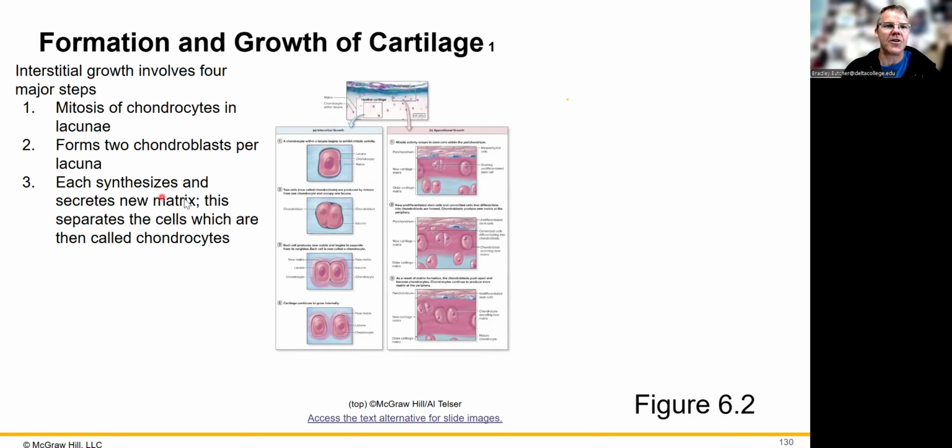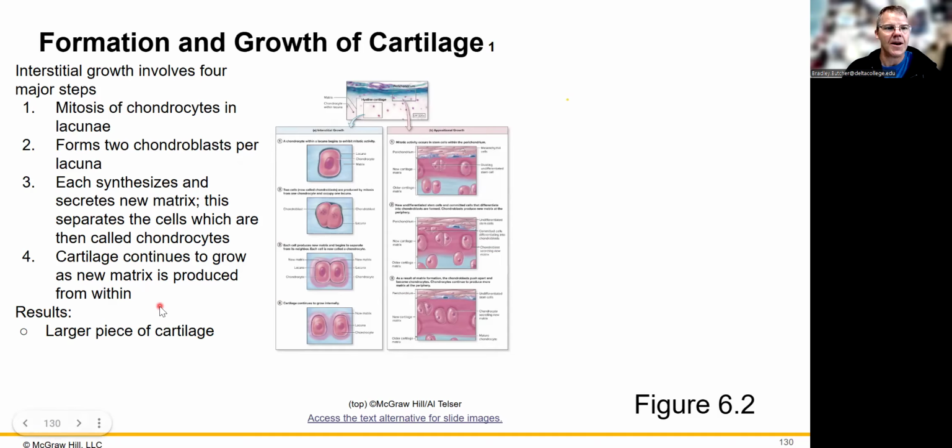Then each of those chondroblasts synthesizes and secretes new matrix, whether it be collagen or elastin, and this separates the cells. Once they're separated, they're each in their own lacuna, and they develop into chondrocytes, mature cartilage cells. They continue to grow as new matrix is produced from within: the interstitial growth.